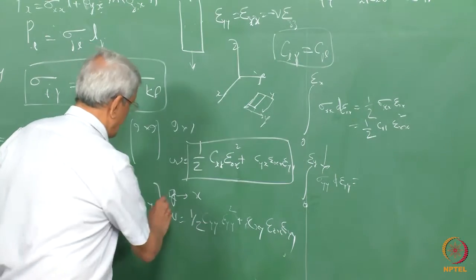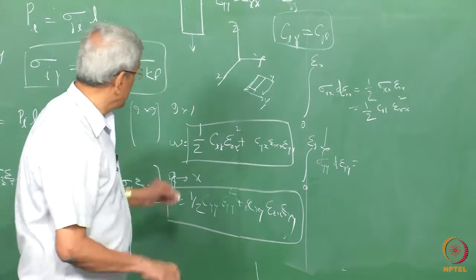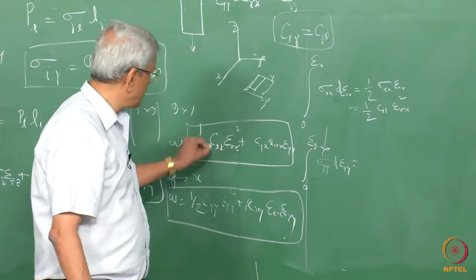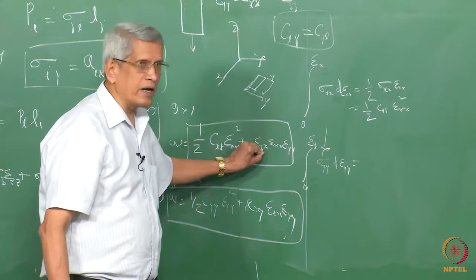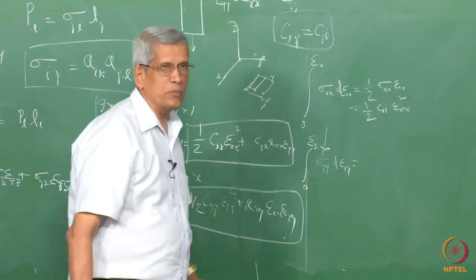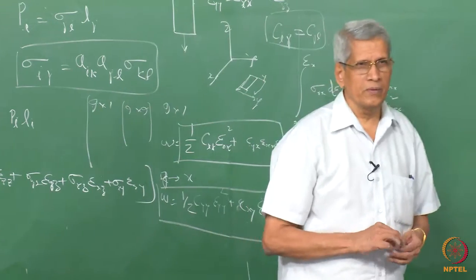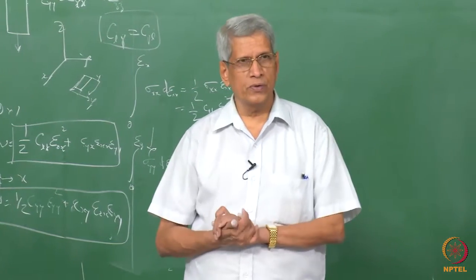This is how it will turn out to be. Correct? That means that if the energy has to be the same, this part also has to be there. That means that Cyx should be equal to Cxy. This is what it reduces to.